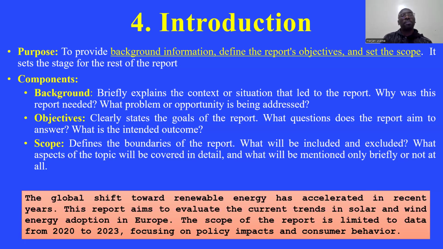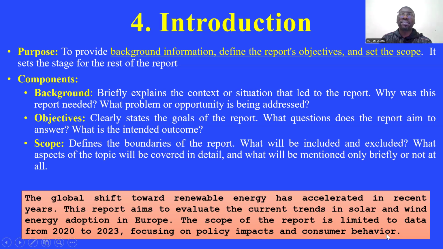Now, look at this example of an introduction. The global shift towards renewable energy has accelerated in recent years. This report aims, the objective, is to evaluate the current trends in solar and wind energy adoption in Europe. The scope of the report is limited to what? The time scope, limited to data from 2020 to 2023, focusing on policy impacts and consumer behavior.